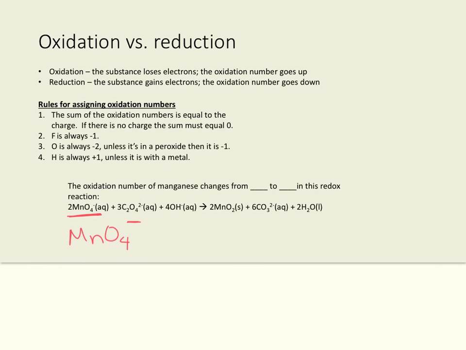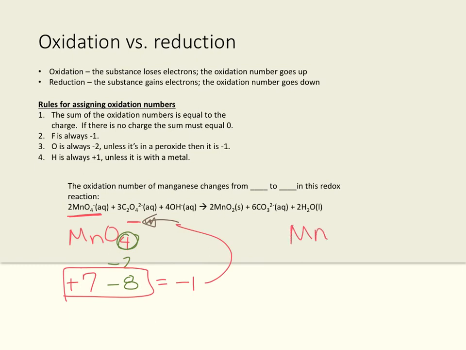So oxygen is -2. If we have 4 oxygens, that's -8. And we have to have 1 negative left over. So that means that manganese, since there's only 1 of them, is going to be +7. Because if we take the sum of this, it equals -1. That's why this has that charge. So manganese is +7 initially.